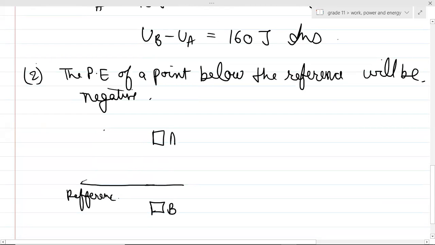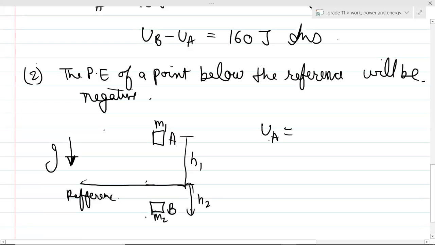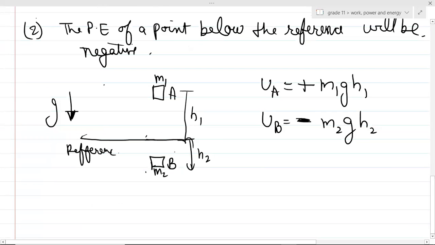Let's say this is B and this is A. Can you see over here, g is acting in this direction, and point B is lying below the reference? So please remember, if this is h2, this is m1 and this is m2, then initially you will write A as plus m1 g h1, and you will write B as minus. Why minus? Because it is below the reference. When you carry it down below the reference point, then you need to do work against gravity.